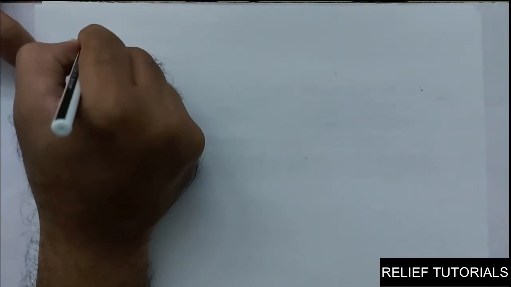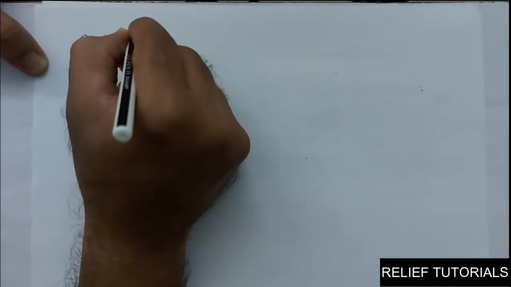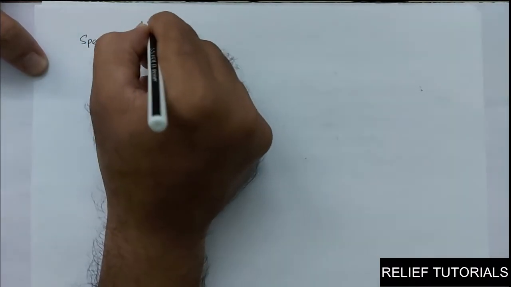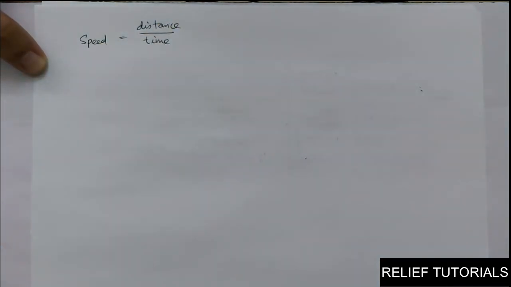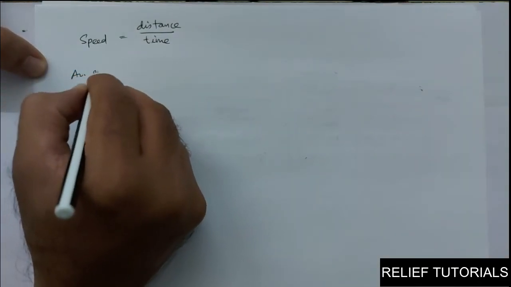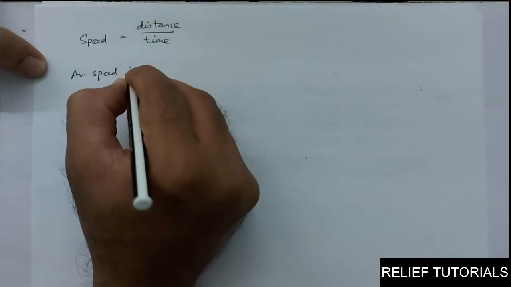So up to here we have discussed speed. Let us recap it fast. What is the formula for speed? It is distance upon time. The definition of speed was distance traveled by a moving particle in unit time is called speed. We have seen the average speed concept also. Average speed is what?